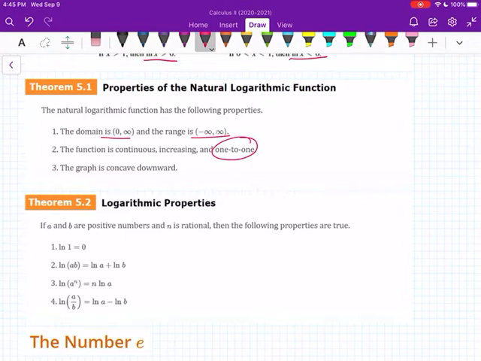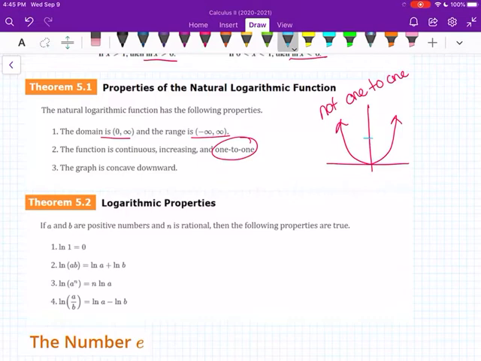So an example of something that's not one-to-one would be a parabola. All right, so a parabola is a nice, easy example of something that's not one-to-one because I can select an output and I have two different input values that lead me there. And the last property of the natural log function is that it is concave down.